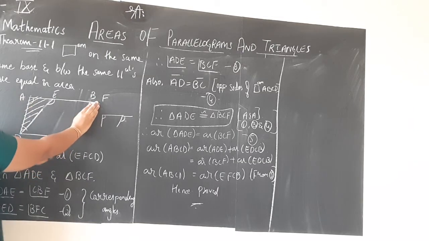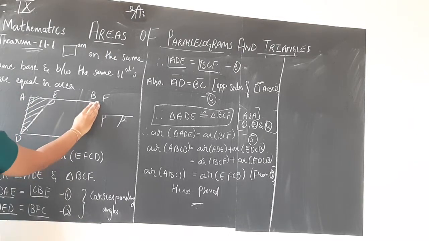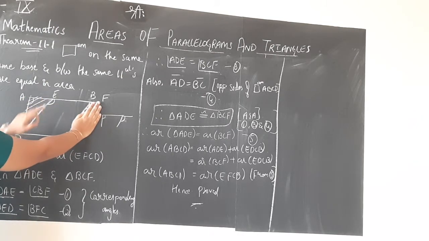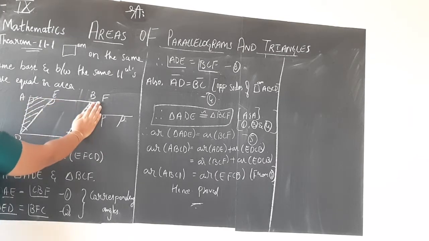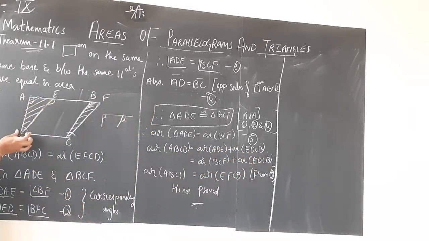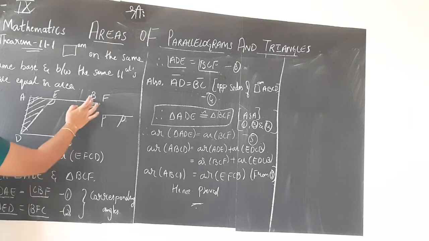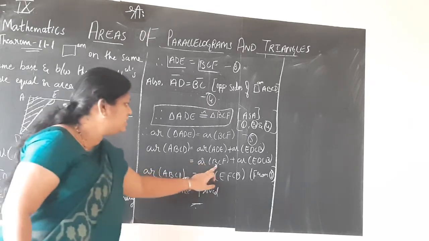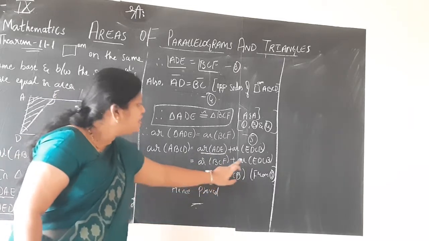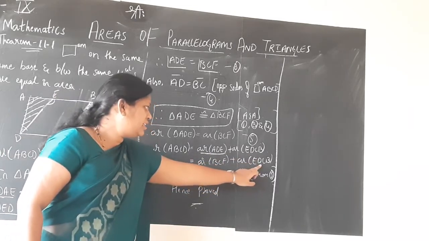So ABCD is the parallelogram you have, and this whole parallelogram is nothing but area of triangle ADE plus area of EBCD. Now, we know that area of triangle ADE is equal to area of BCF. In the next step, just replacing area of ADE by area of BCF, plus area of EBCD.